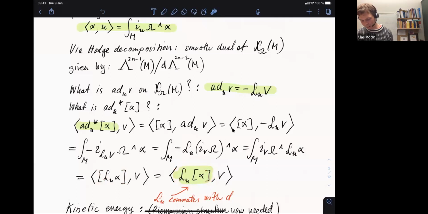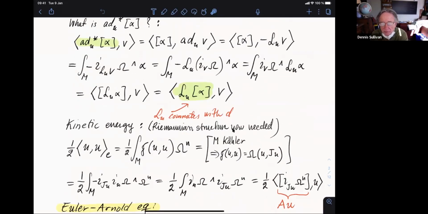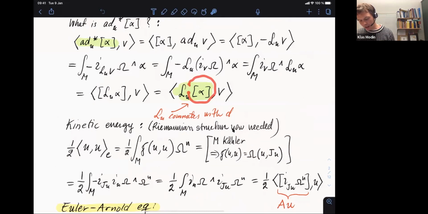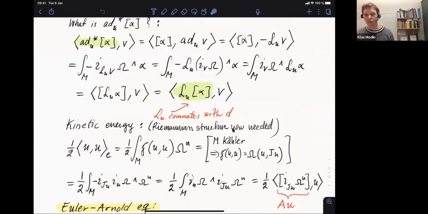It's just the Lie derivative. So U and alpha are like velocity and vorticity. Think of this coset as vorticity. Think of U as the velocity field. Yes, for your Euler equations.